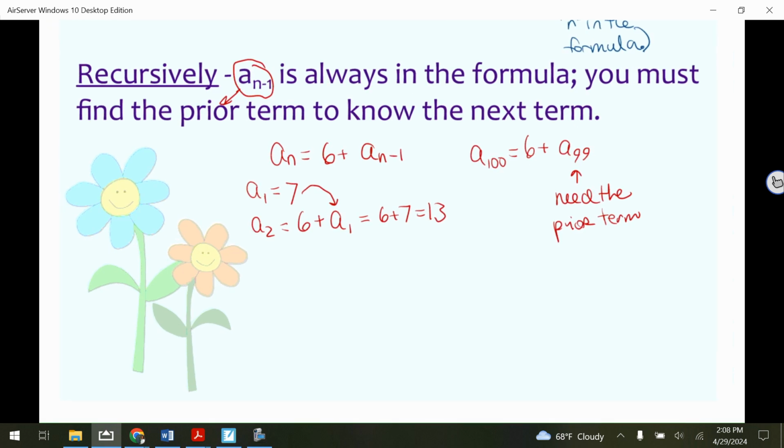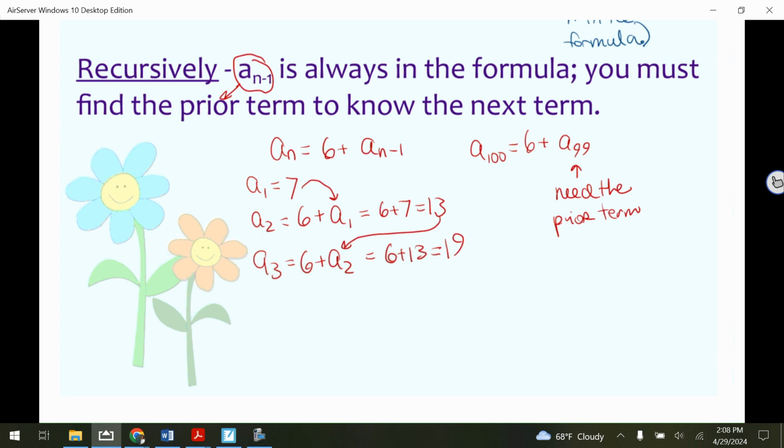And then if you want to find A3, A3 is 6 plus A2, because when it says a sub n minus 1, it means the prior term. N is 3, 3 minus 1 is 2. So what that means is you need to know the prior term to find the next term. So it's 6 plus 13, that's going to be 19 for a sub 3.